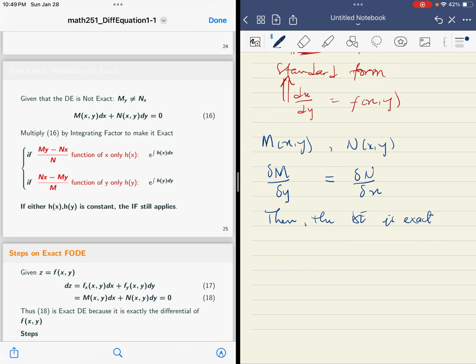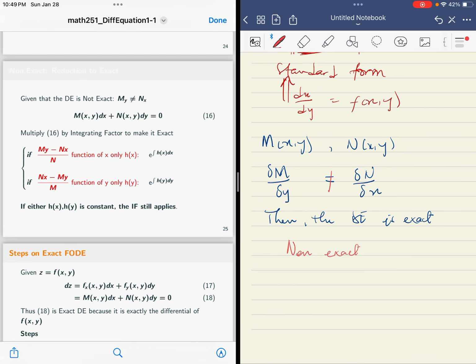This establishes that if it happens that they are not equal, then it means that they are non-exact. Then what do we do when they are non-exact?